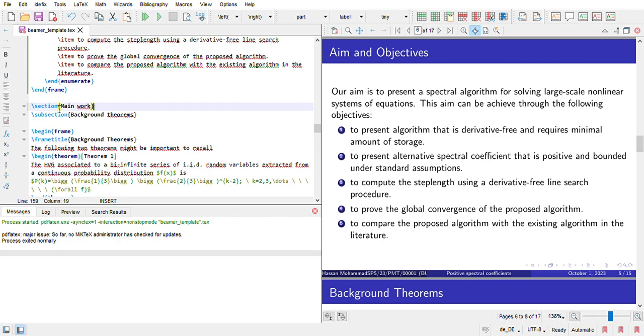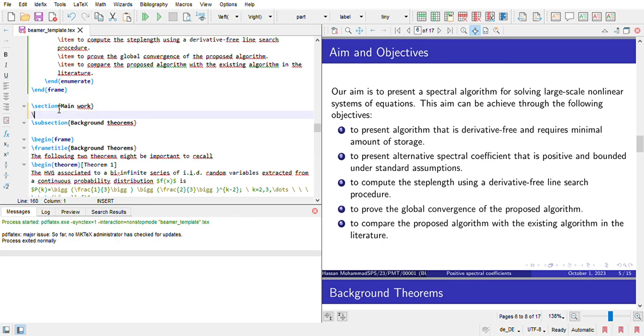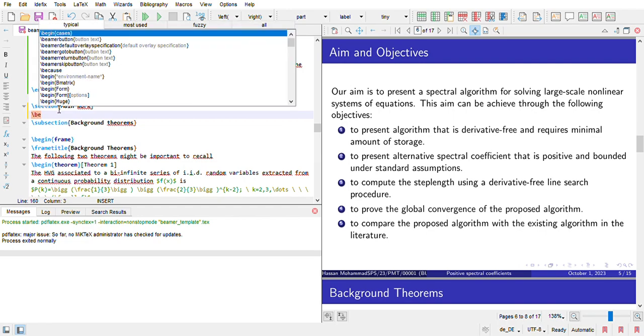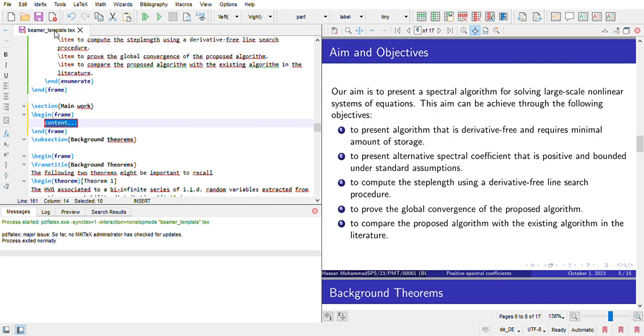Under this section we are going to have a frame. We begin a frame in which we are going to put the description of the method. Correct? We are going to put a description of the method under this frame.